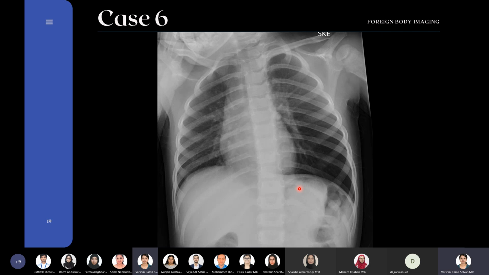Do you think this is a normal X-ray or is it abnormal? Very tricky. Yes, I agree with you. It took me a minute to find out where the abnormality is. Not quite. The diaphragm is okay. The diaphragm is normal. Anybody?